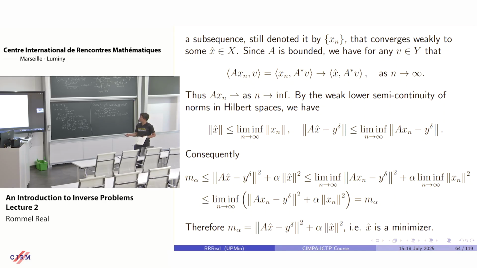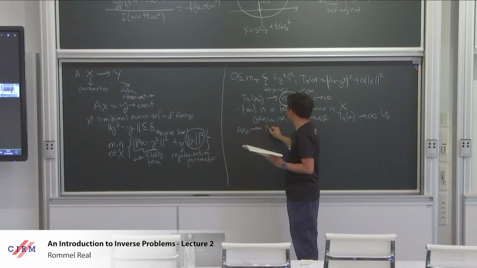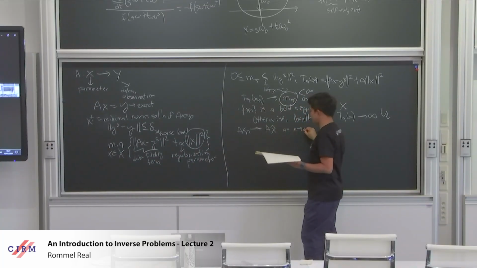So you move A to the right element, A star V, because x sub n has a weak limit, so x sub n inner product with A star V converges to the inner product of x hat with A star V. And notice, this tells us that A x sub n converges weakly to the value of A at x hat as n goes to infinity.